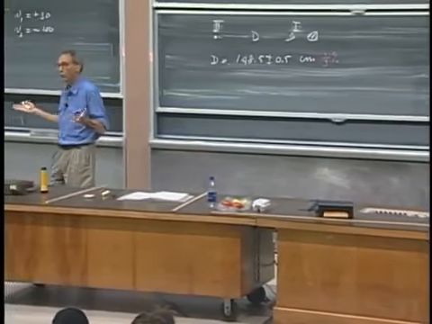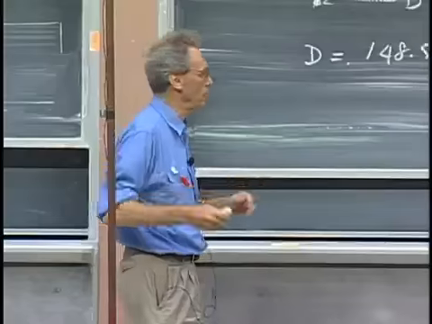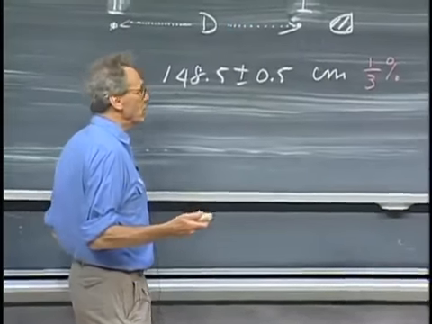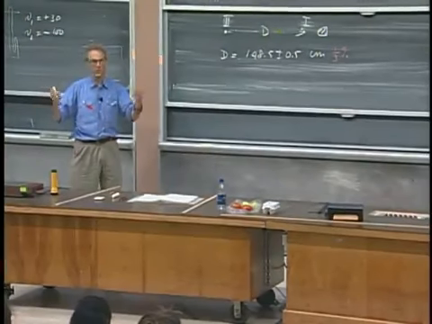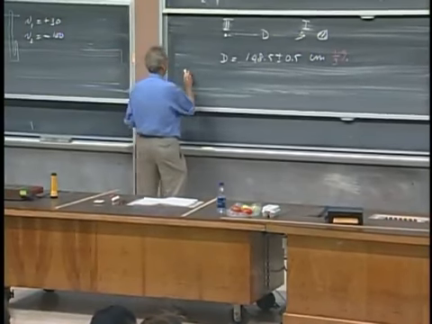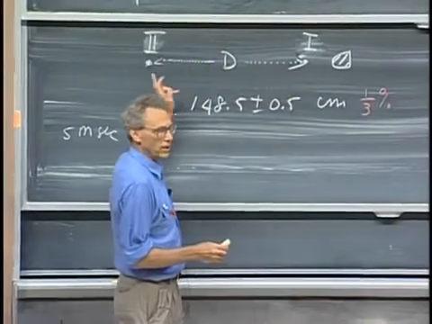The speed of sound is 340 meters per second. I don't know whether it's 200 or 300, but it's got to be somewhere in that ballpark for the kind of bullets that we have, 200 or 300 meters per second. Let us assume that the speed is 300 meters per second. Just a wild guess. Then it would take 5 milliseconds for this bullet to cross from here to here.